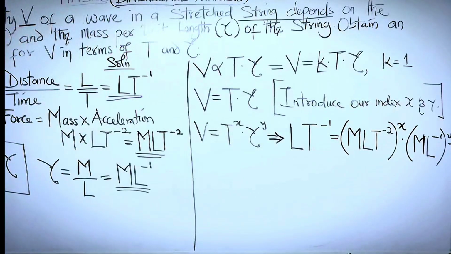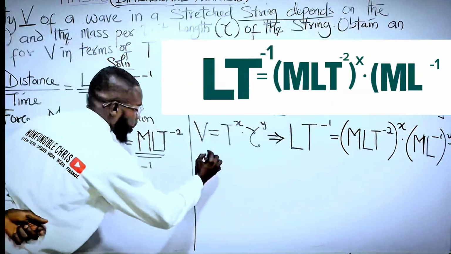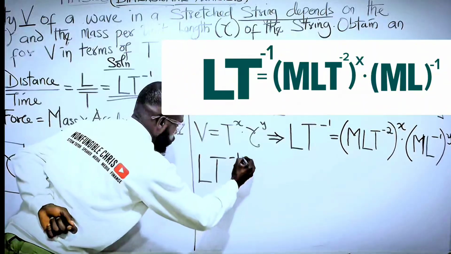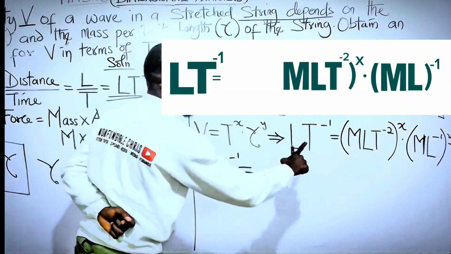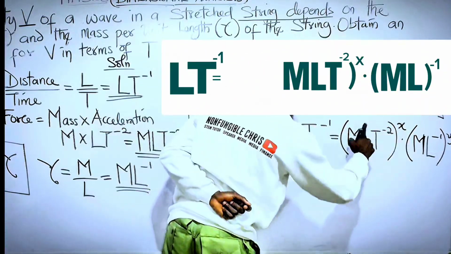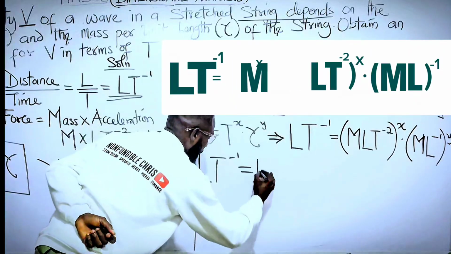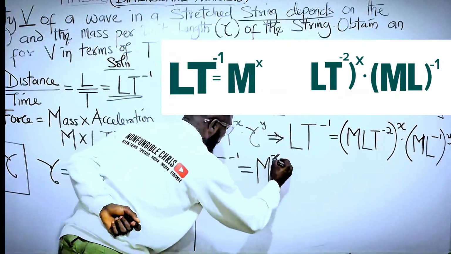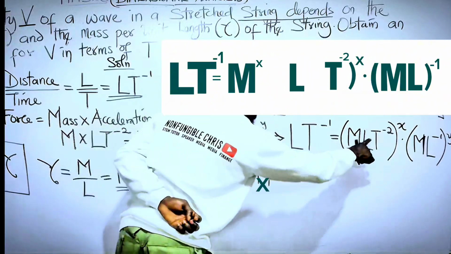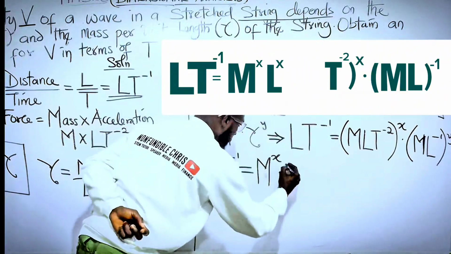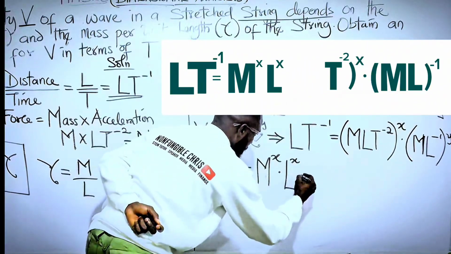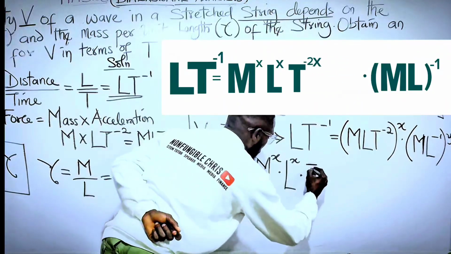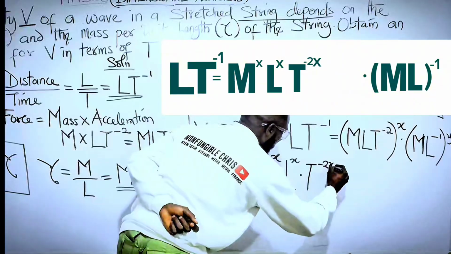So if we take it a bit further, our left hand side, we have LT raised to power -1 is equal to, let's use the x to open the bracket. So x times what we have here is m raised to power x, times L raised to power x, times T raised to power -2x.